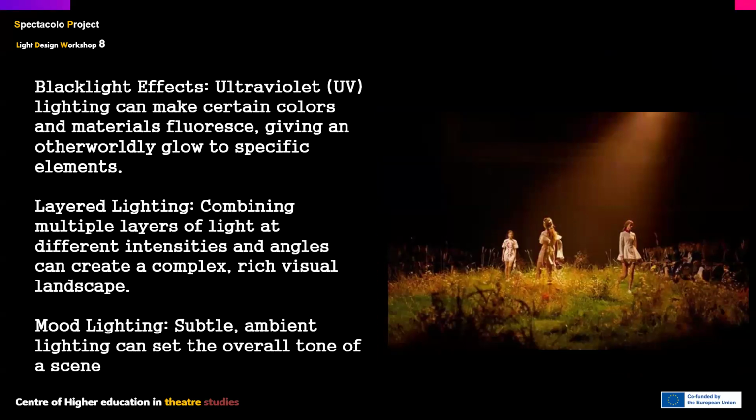Blacklight effect. For example, ultraviolet lighting. It is a special lamp that gives light to the white, to any white we have on ourselves, or on the stage design, on the props.